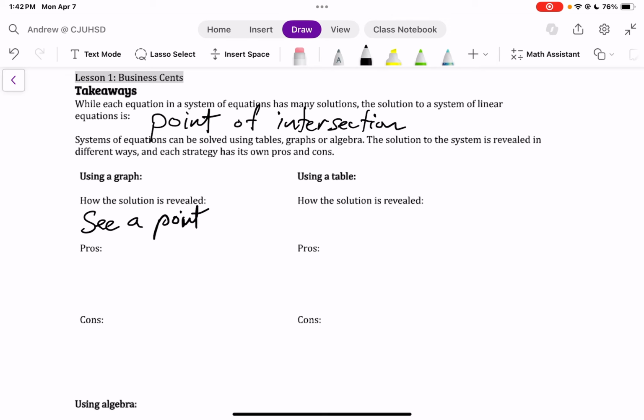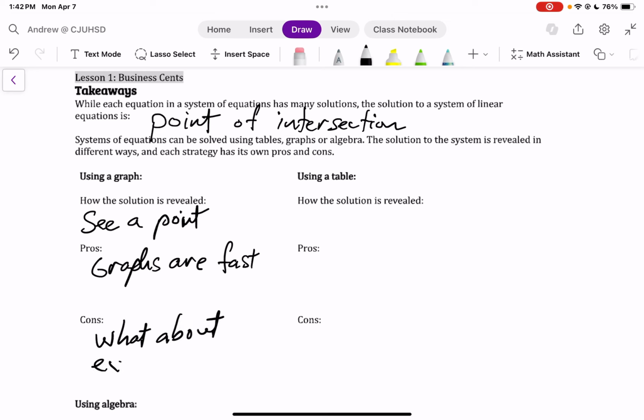The good thing about it is graphs are fast and easy. The cons are, what about decimals? What about getting exact answers? That's a little harder to do.